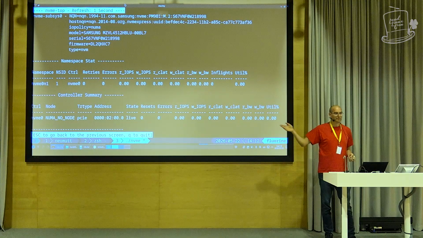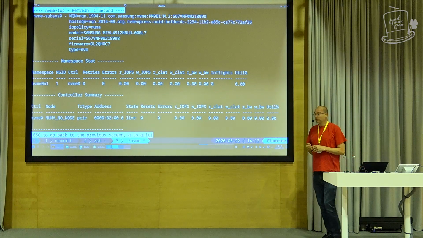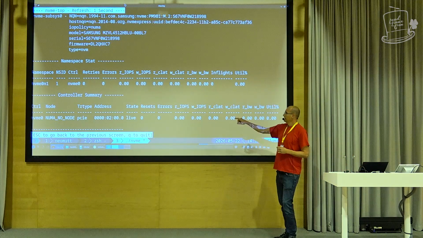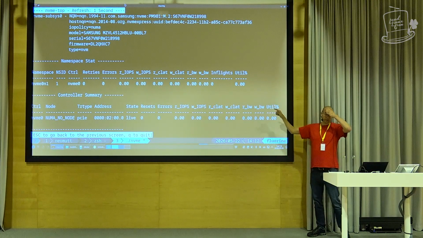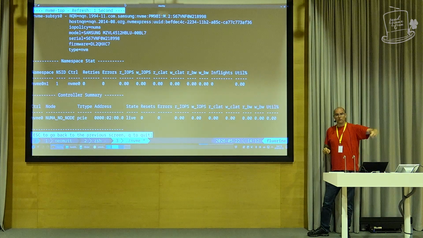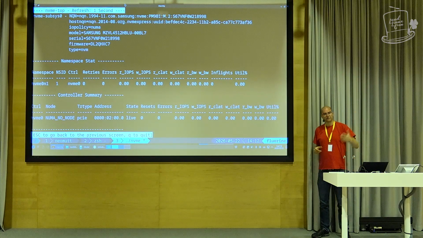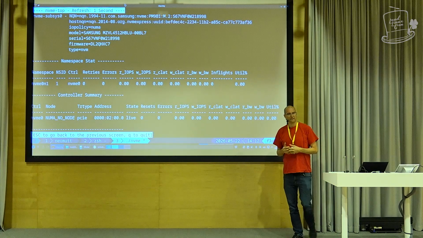And people will then understand why they do not have the performance, or they have a problem. Currently, you just see the reset and error counters here. Daniel, who's working on that stuff, wants to add additional information like failover rate or error counters, stuff which helps you to understand why stuff doesn't work.